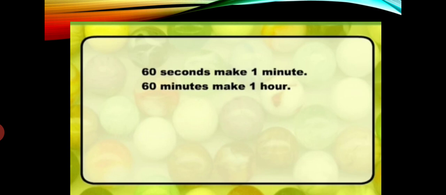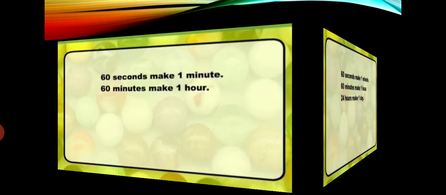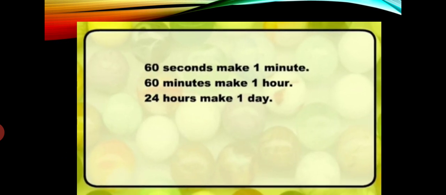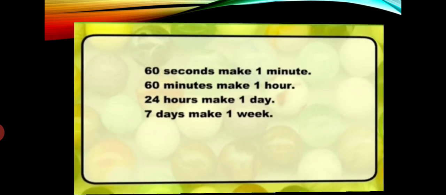In an hour there are a total of 60 minutes. एक मिनट में कितने सेकंड्स हैं? 60 सेकंड्स. और एक आवर में कितने मिनट्स हुए? 60 minutes. And in a day there are a total of 24 hours. 1 minute equals 60 seconds, 1 hour equals 60 minutes and 1 day equals 24 hours.